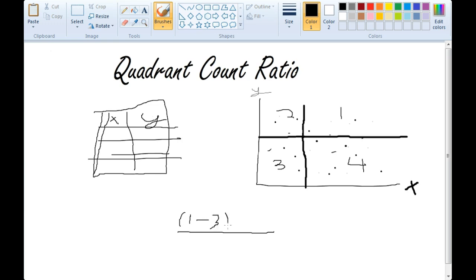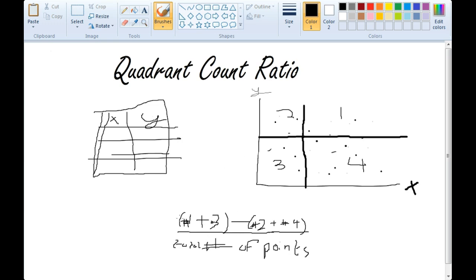It's the number in 1 plus number in 3 minus number in 2 plus number in 4, divided by the total number of points.